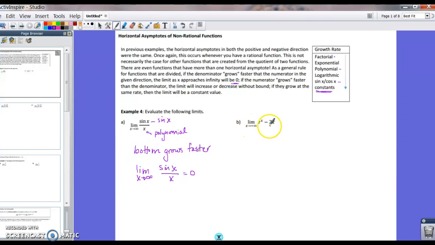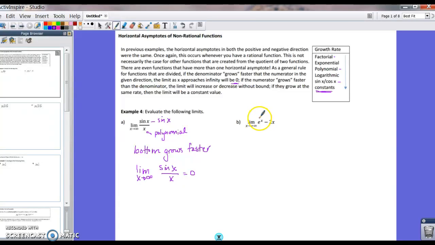We've got x going to negative infinity. In this case, we don't have a polynomial function. We have a combination of different functions, and it's actually not even one divided by the other, so it might seem kind of confusing how we're going to approach this. So let's look at each part separately, right?